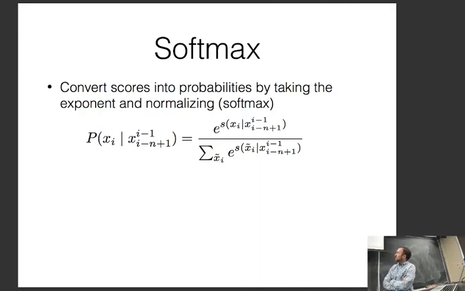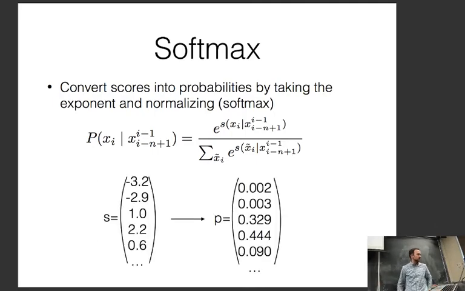So we take in all these scores, we exponentiate all of the scores, which changes the range from minus infinity to infinity into 0 to infinity. And then we normalize all of them by dividing over the entire vocabulary, which gives us something that sums up to 1.